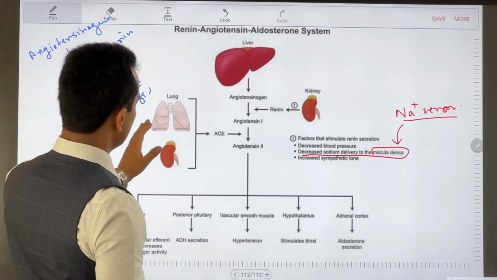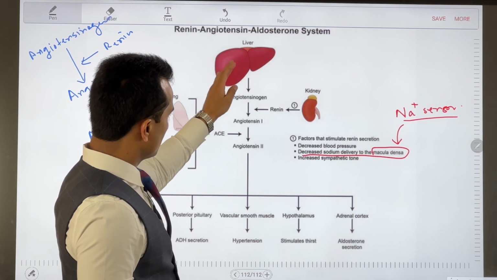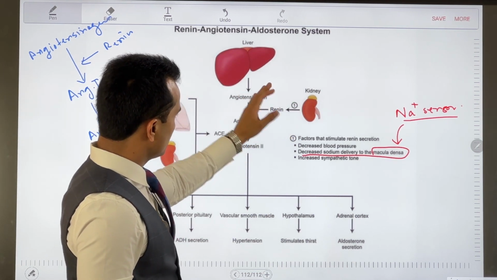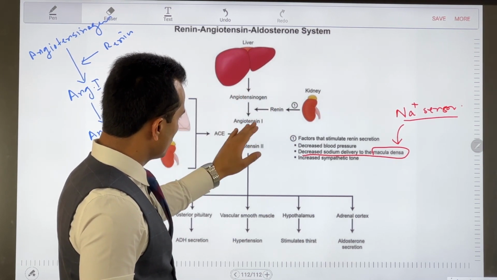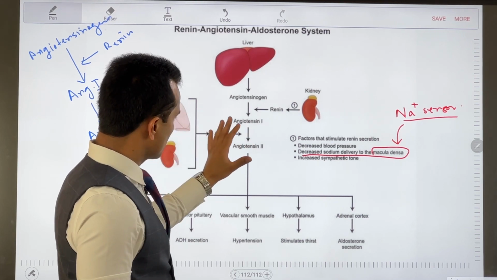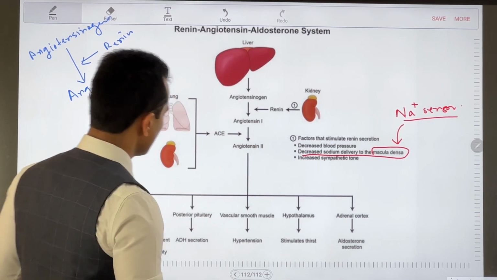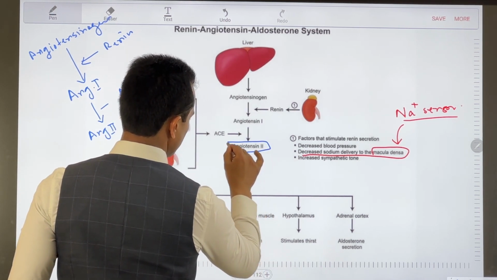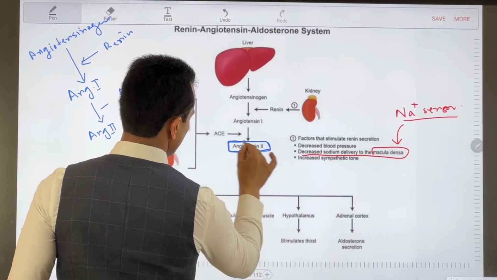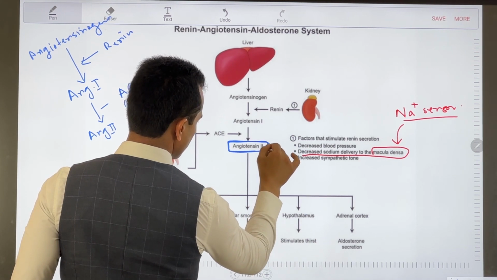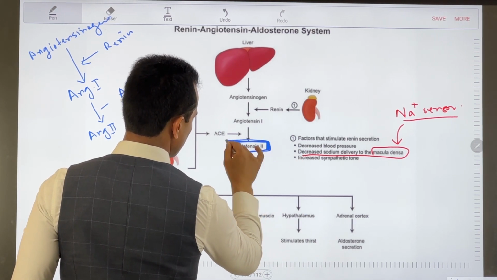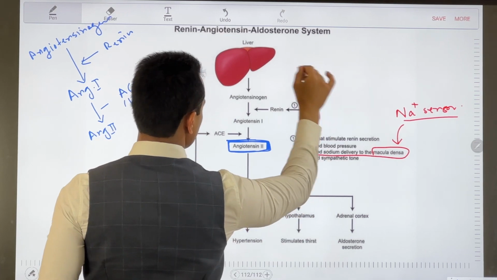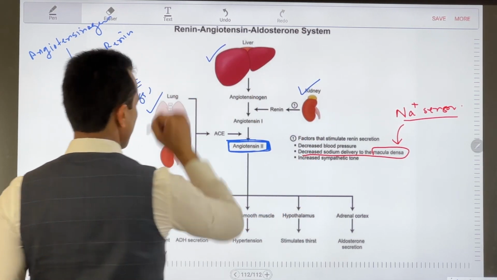Here in this picture you can see liver, kidney: renin converts angiotensinogen into angiotensin 1, and through angiotensin converting enzyme it's converted into angiotensin 2. So this guy angiotensin 2 is very important, but it all comes through your kidney, liver and lungs.